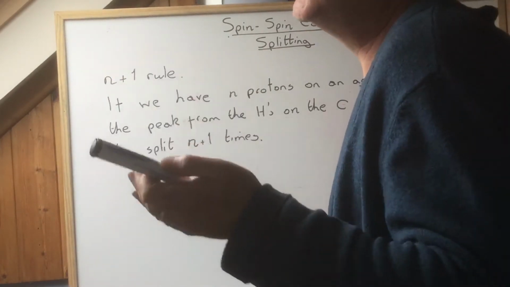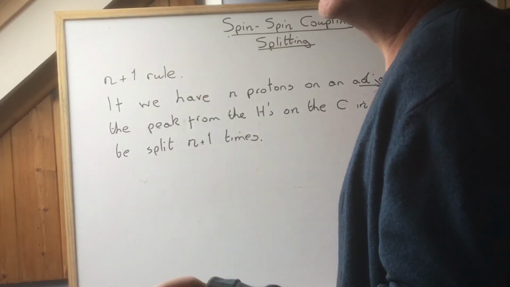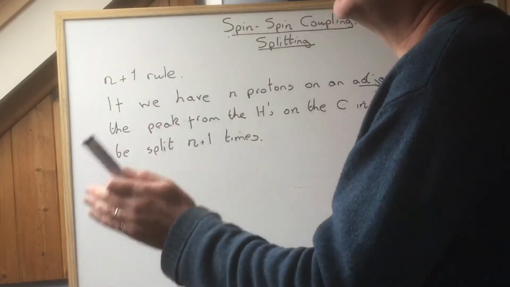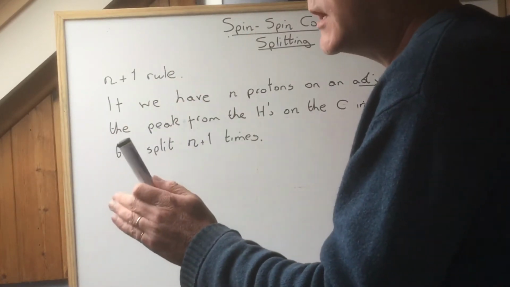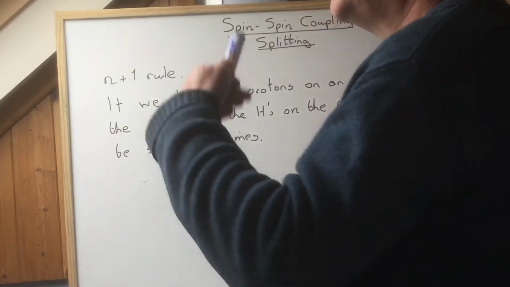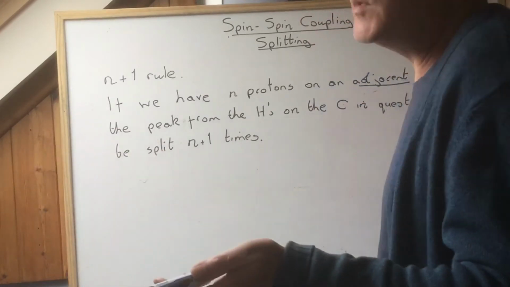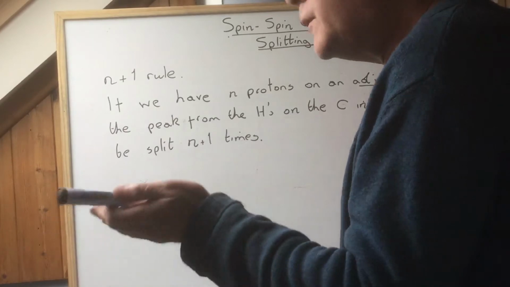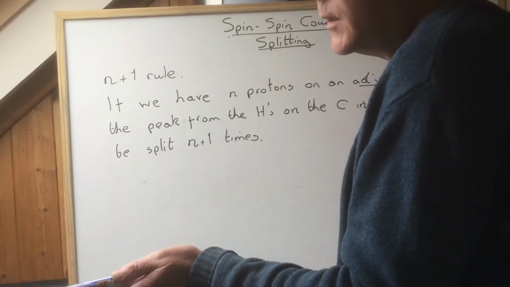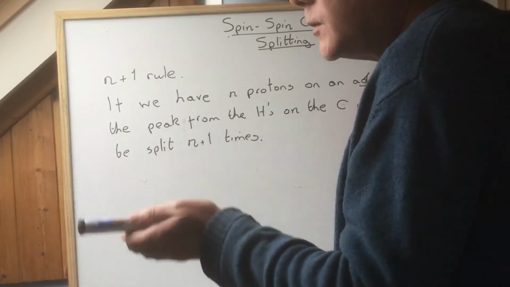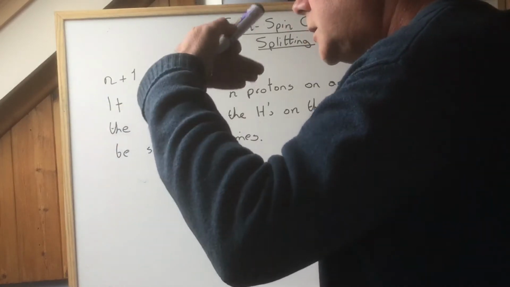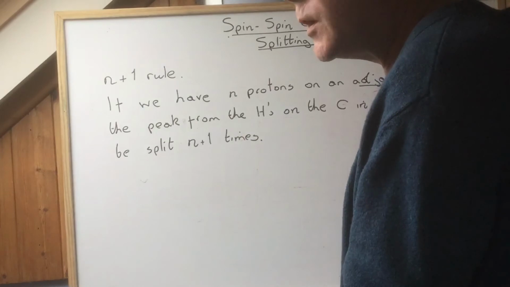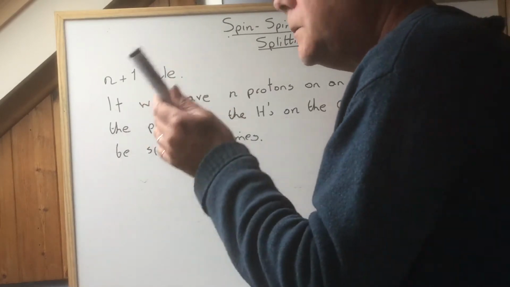If there are 2 protons on an adjacent carbon, it will split the peak of the protons of the carbon you're looking at 3 times. If there are 3 protons, such as a methyl group, on a carbon joined to that, the peak generated from those protons will be split 4 times. You will see what I mean.